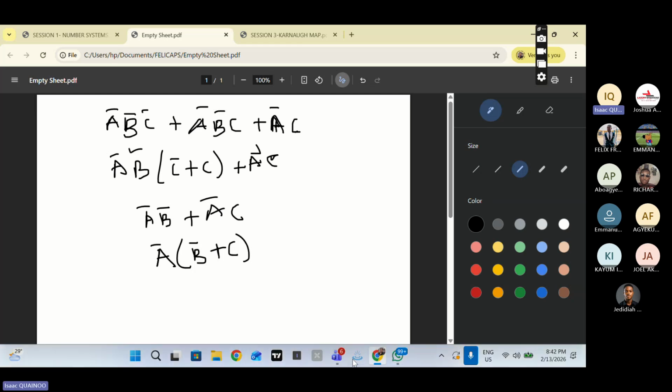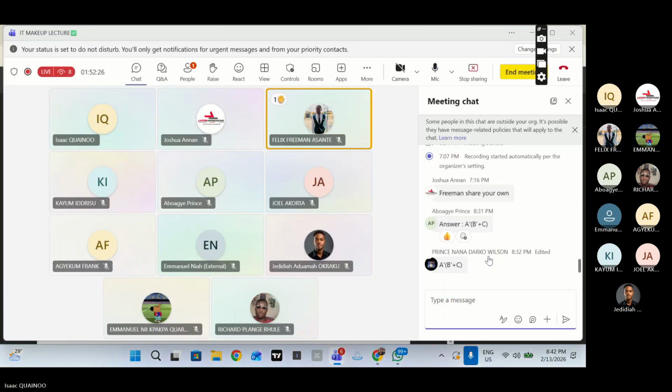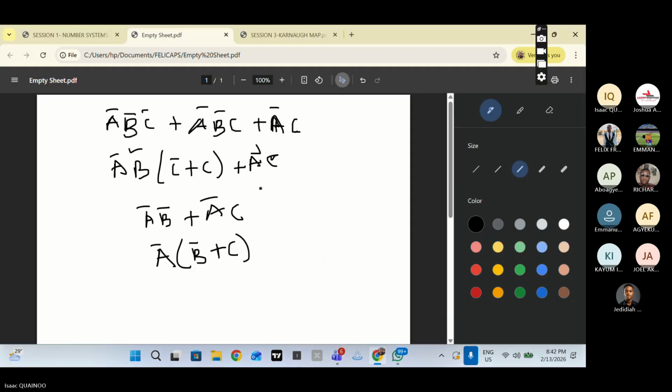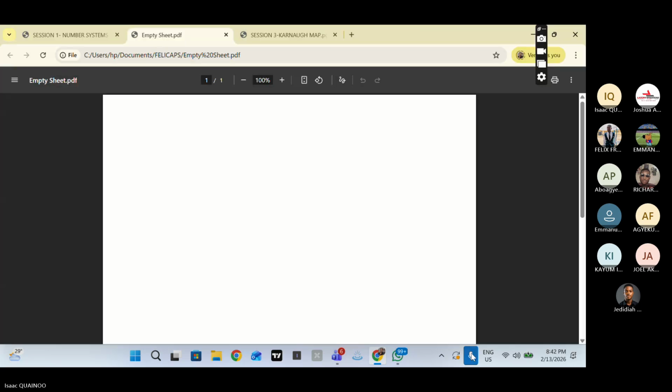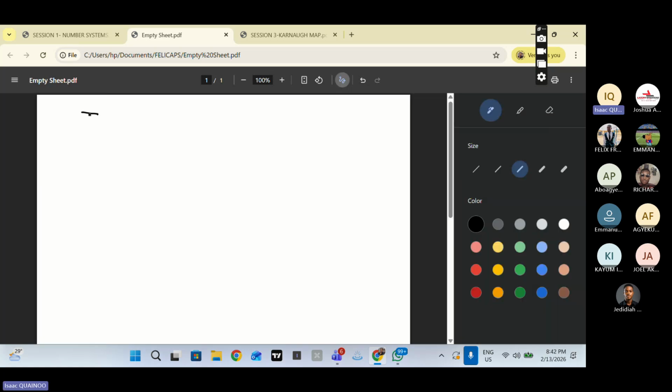So I believe that is what we all had. Yeah, so we can move on, and probably let's look at one more example before we proceed from there. All right, so the third example, let's look at the function f equals. This is a little bit complex, okay?